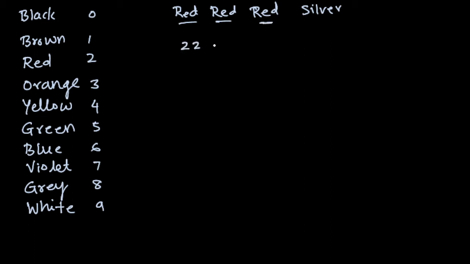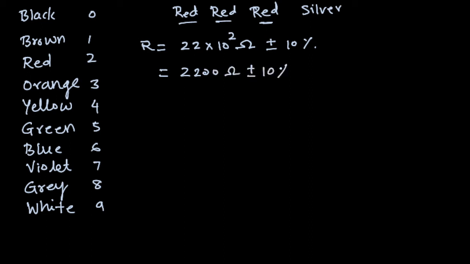The third color gives the power of 10, so it is 10 to the power 2. The fourth color gives tolerance, that is 10%. So the resistance value is 22 into 10 raised to 2 ohm plus or minus 10%, or you can write 2200 ohm plus or minus 10%.